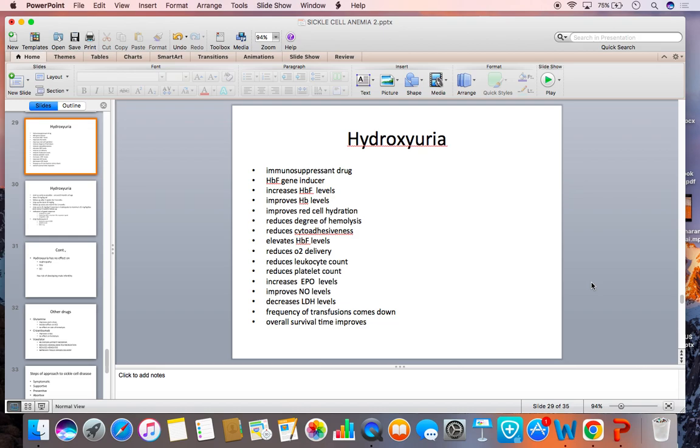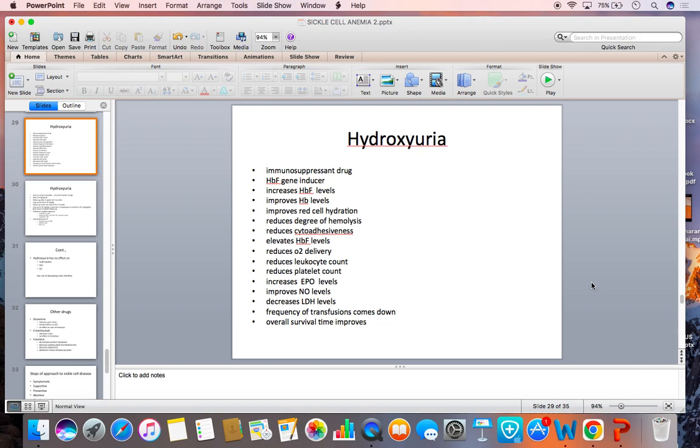Hydroxyurea is a wonderful molecule. It is an immunosuppressive drug having HbF gene inducing properties. It is an HbF gene inducer.